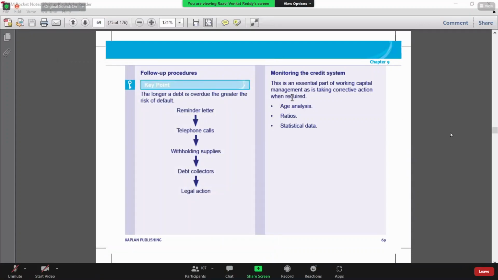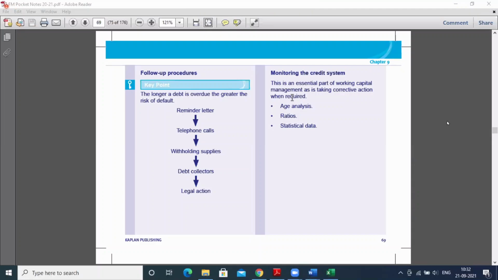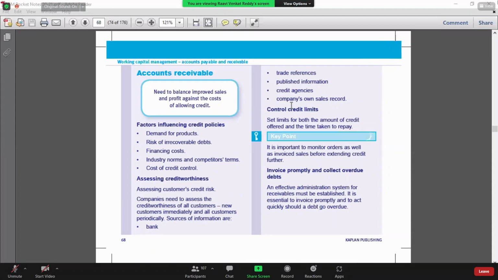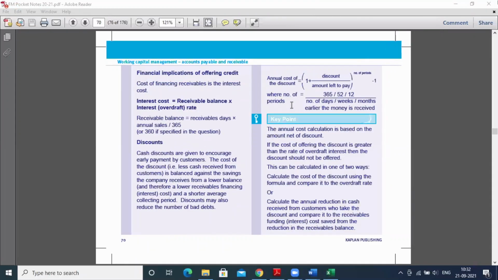So is that clear? Next, how much discount should be given to the customers, and on what basis it should be calculated?